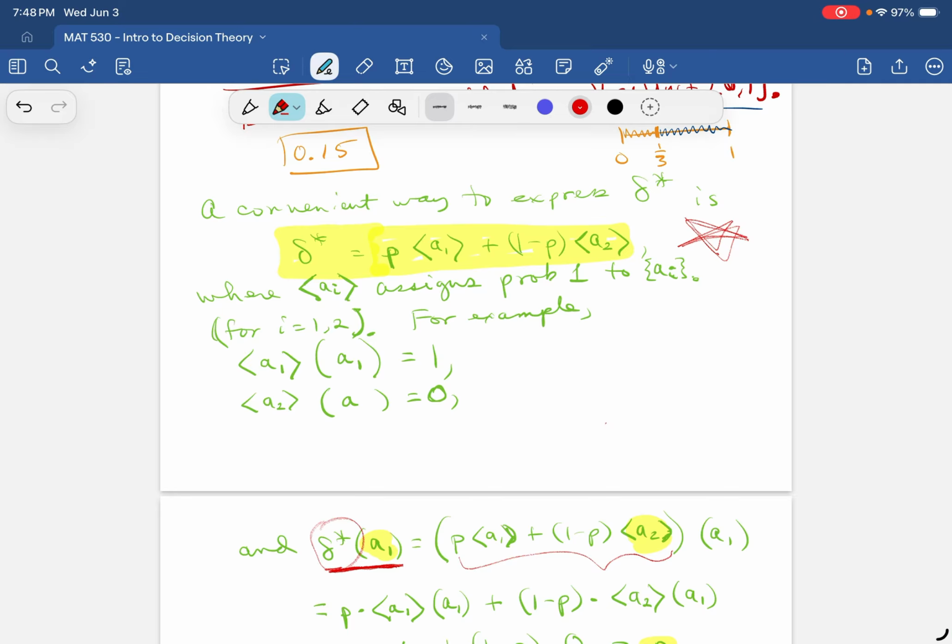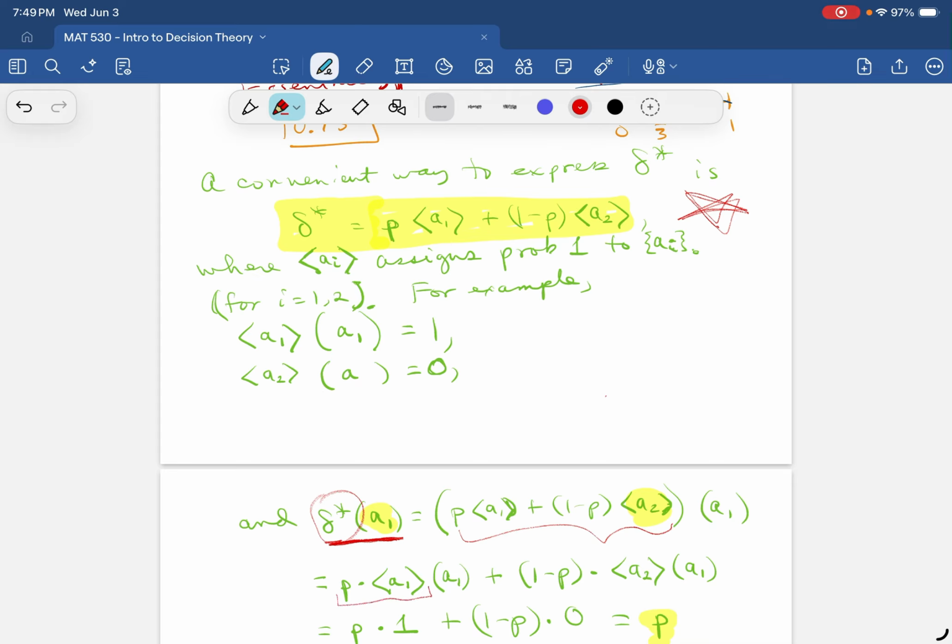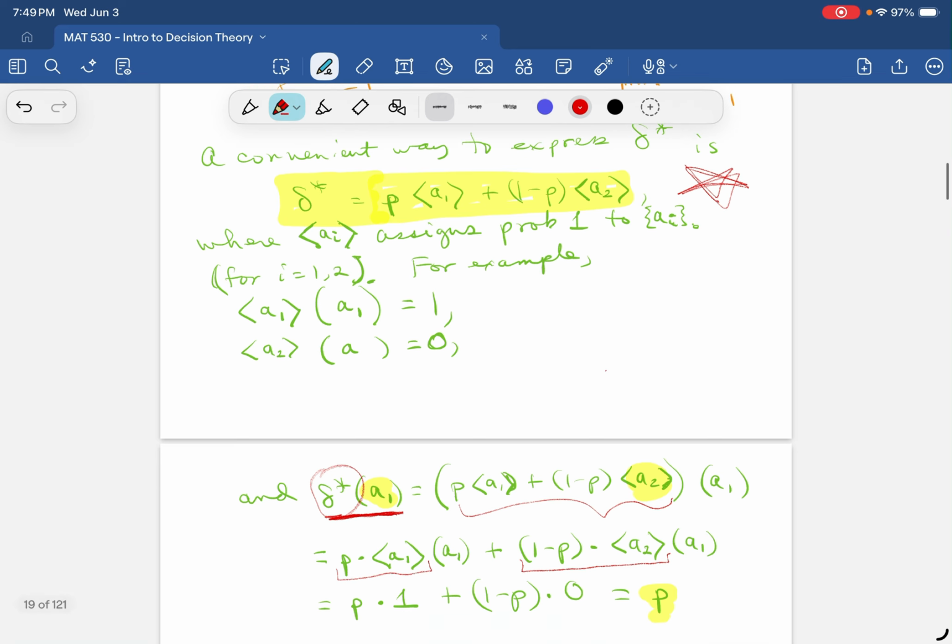So the first one evaluated at a1 plus the second one evaluated at a1. Well, this p times that angle bracket a1, p times angle bracket a1 evaluated at a1 is the constant p times 1.